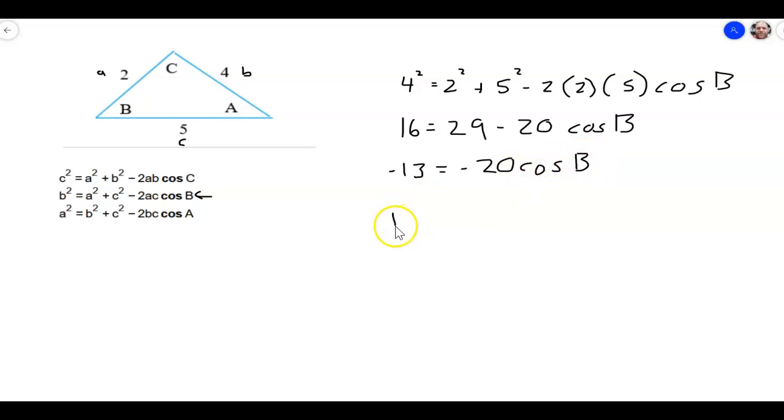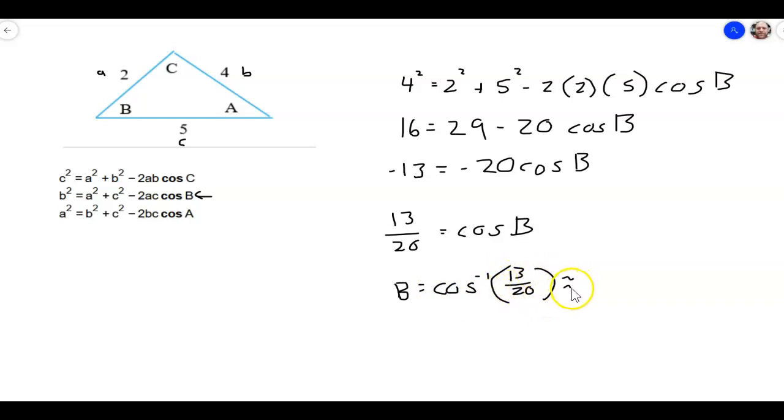Divide both sides by negative 20. So 13 over 20 is equal to the cosine of B. Apply the inverse cosine to each side, and we end up with B equal to the inverse cosine of 13 over 20. Let's see what that's equal to.